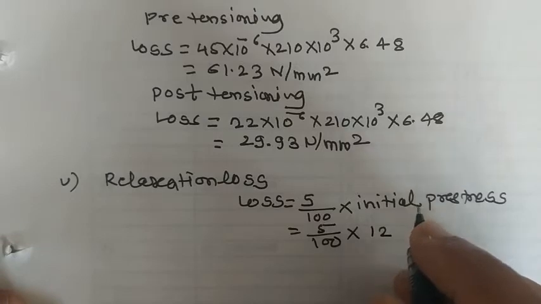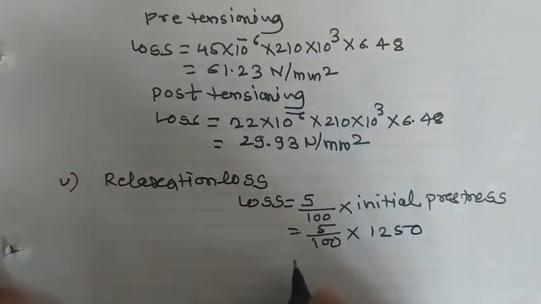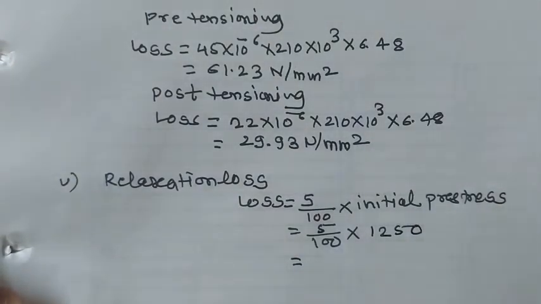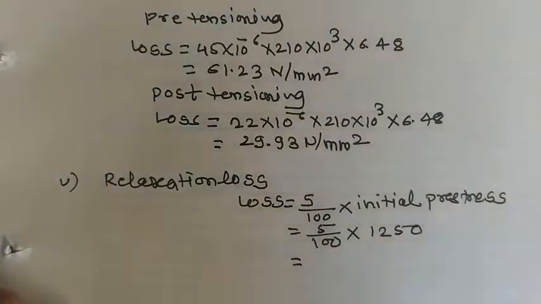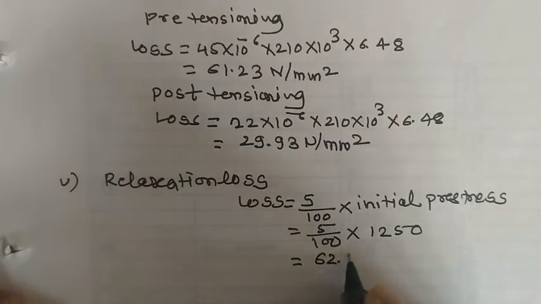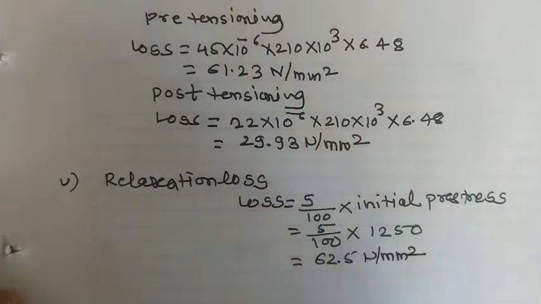Initial pre-stress is 1250. So this value is 62.5 Newton per mm square.